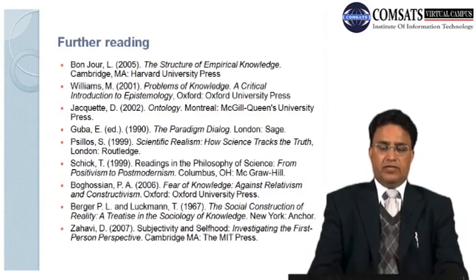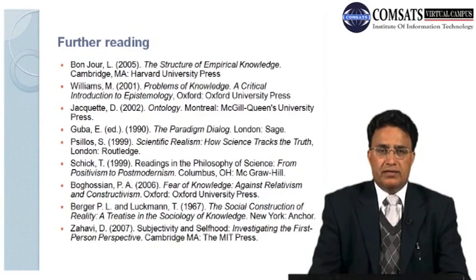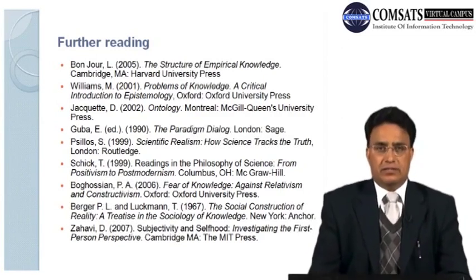The title of the book is On Ontology, and its place of publication is Montreal, with McGill-Queen's University Press as the publisher. So if you are interested in doing some research or to understand the concept of ontology, this is one of the basic books on ontology.